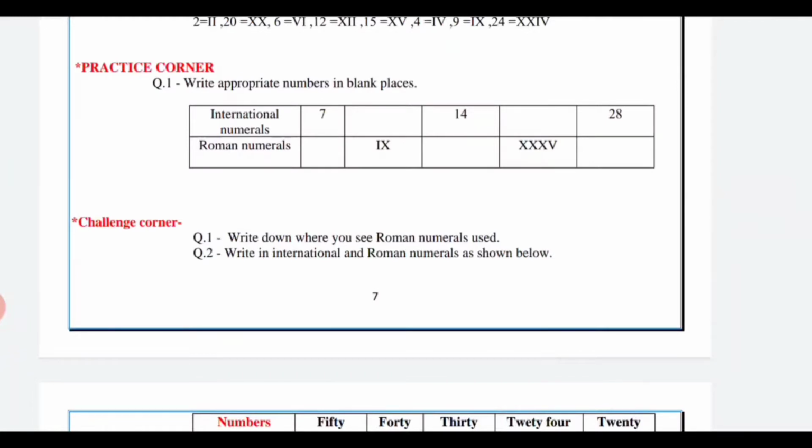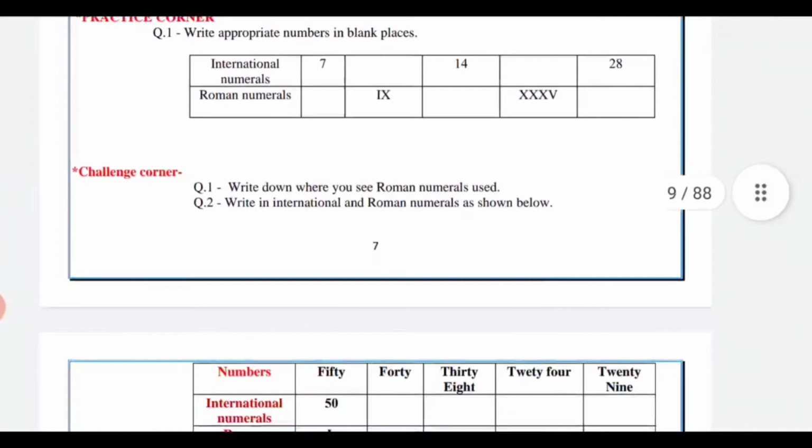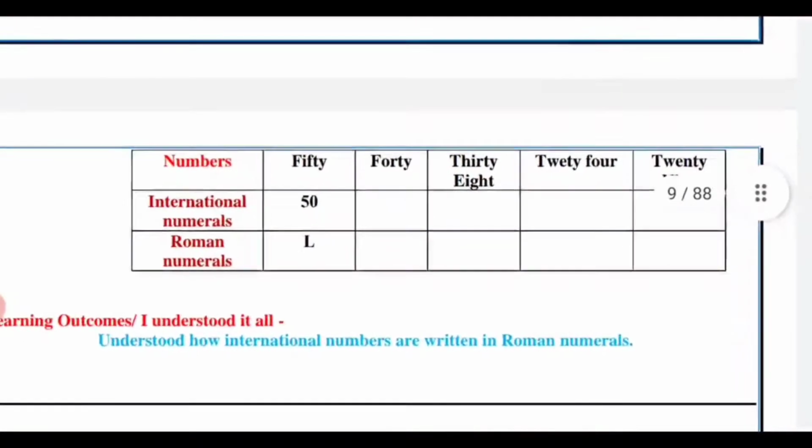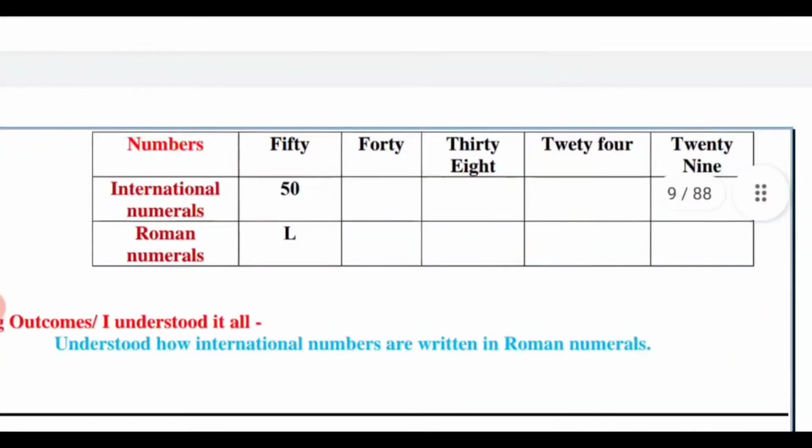In the challenge corner, we can see two questions. In the first question, write down where you see Roman numerals used. And the second question is to write in international and Roman numerals as shown below. So again, this table is there for the second question. We will have to draw this table in a notebook and write the answers. So let us go and solve these questions in the notebook.